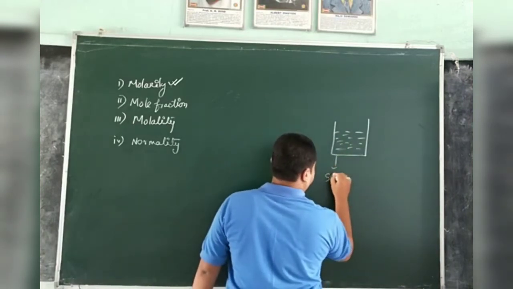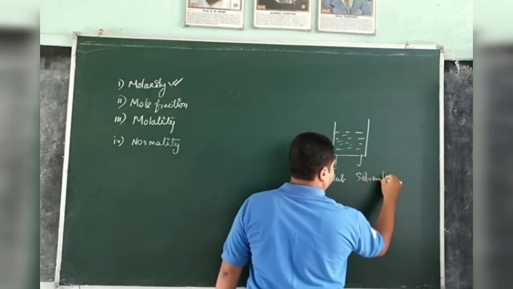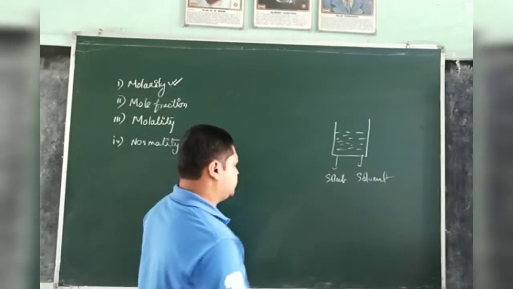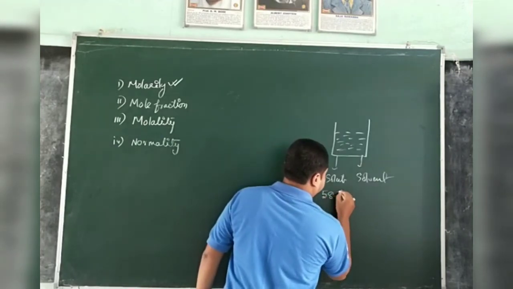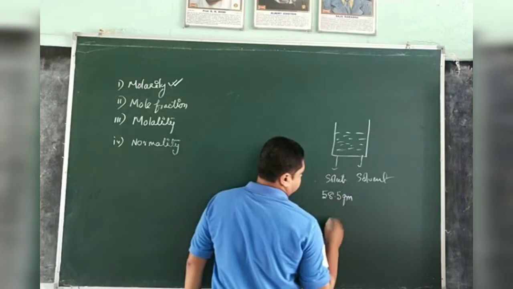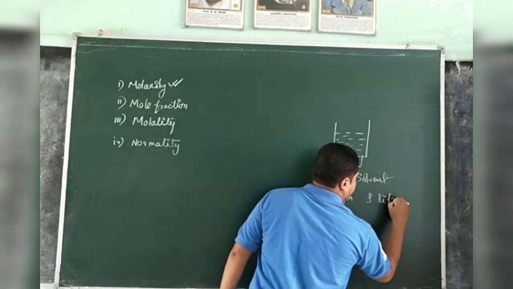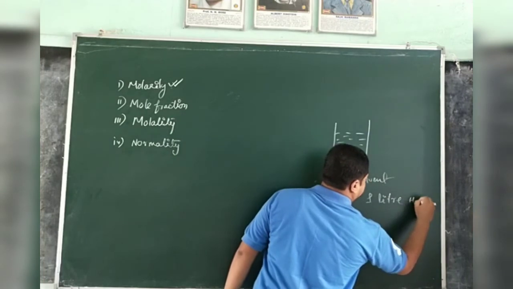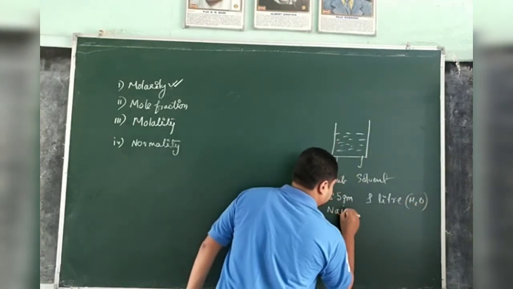One is solute, the other is what? Solvent. Suppose solute is 58.5 gram dissolved in 1 liter of the solution, that means 1 liter of water. 58.5 gram of sodium chloride.